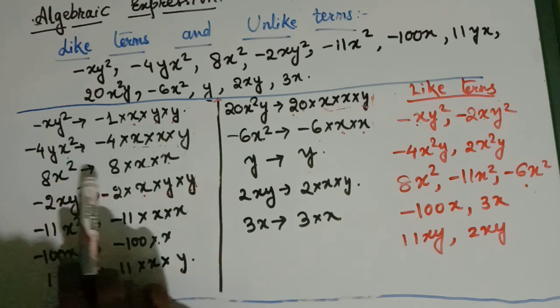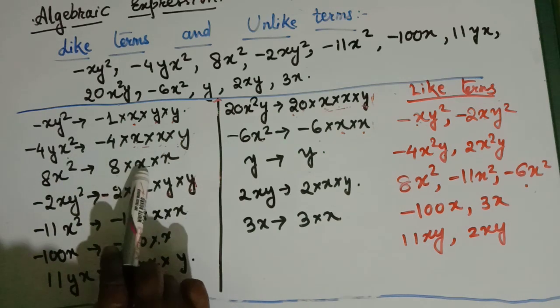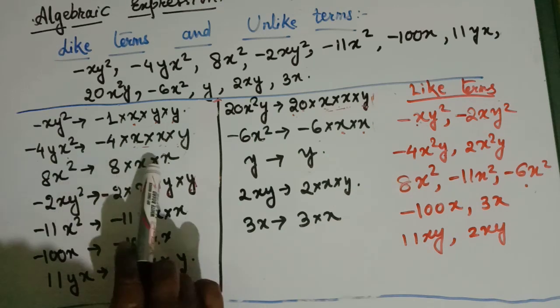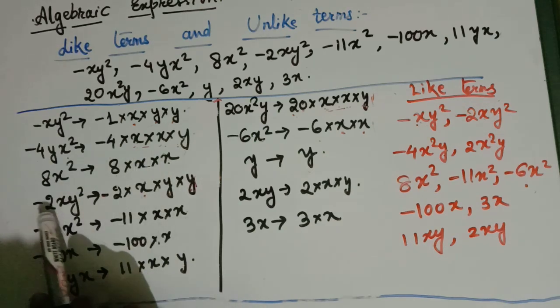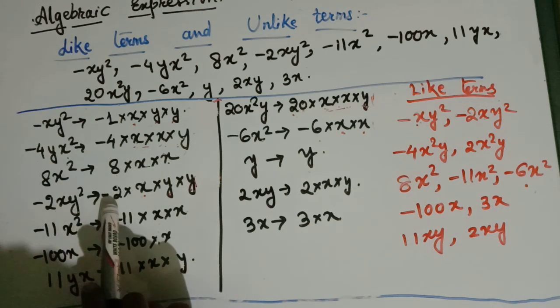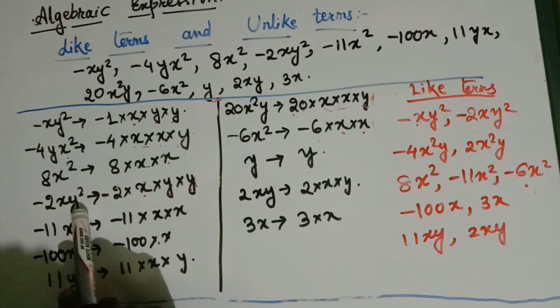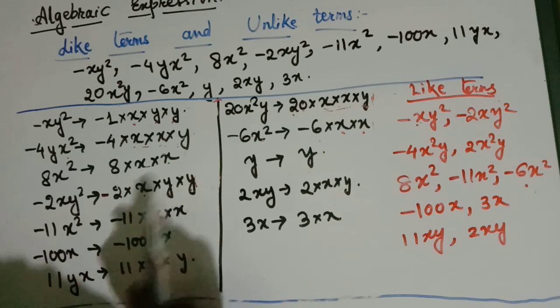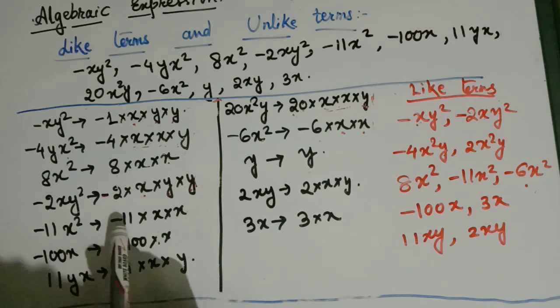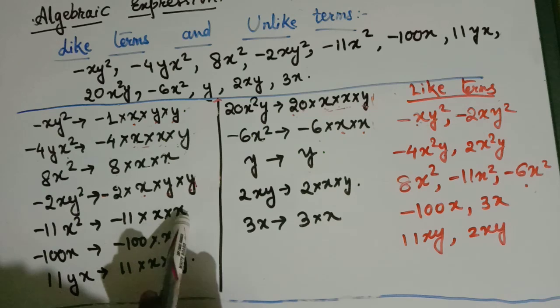In 8x square, the factors are 8 into x into x. Similarly, minus 2xy square, I have written minus 2 into x into y, as it is given y square, so y is written 2 times. Now minus 11x square, so minus 11 into x into x.